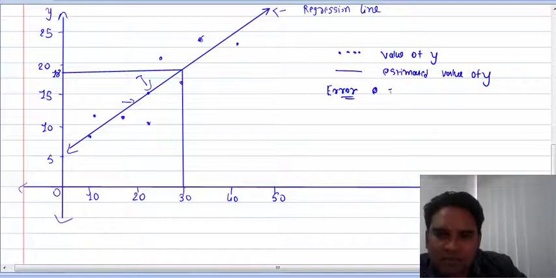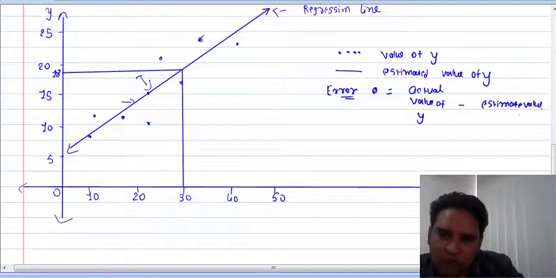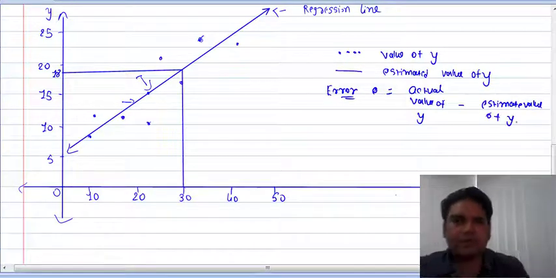That means error is the actual value of Y minus the estimated value of Y.